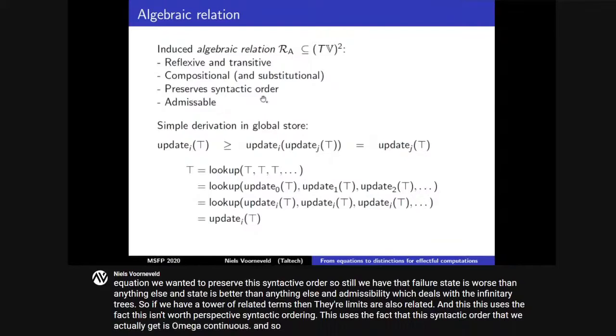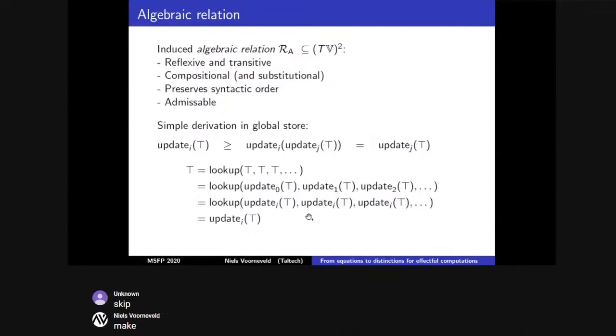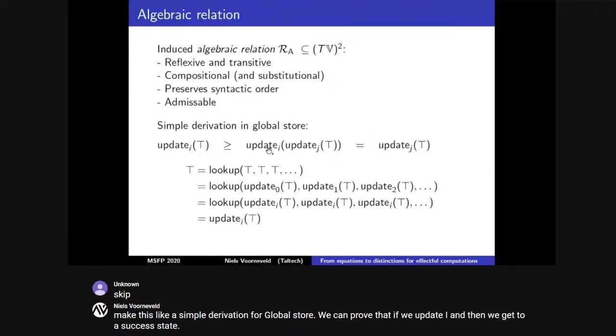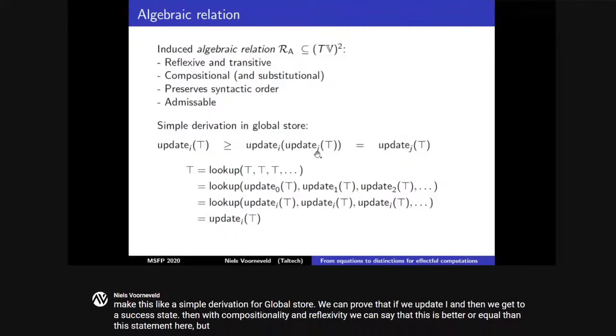And so using this, we can make a simple derivation for global store. We can prove that if we update i and then get to a success state, then with compositionality and reflexivity, we can say that this is better or equal than this statement here, but then we know if we update to j afterwards, then it's the same as update j.